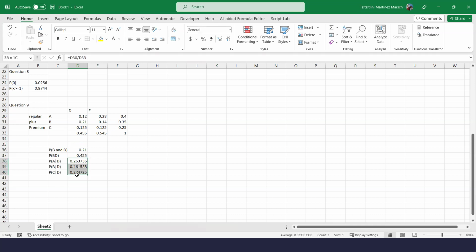Okay, so this is my answer right here. Those are the probabilities that I would have in each of these possibilities: 0.2637, 0.4615, and 0.2747. That is, if I ask for a full tank, what is the probability of asking for regular, asking for premium, or asking for plus? Okay.